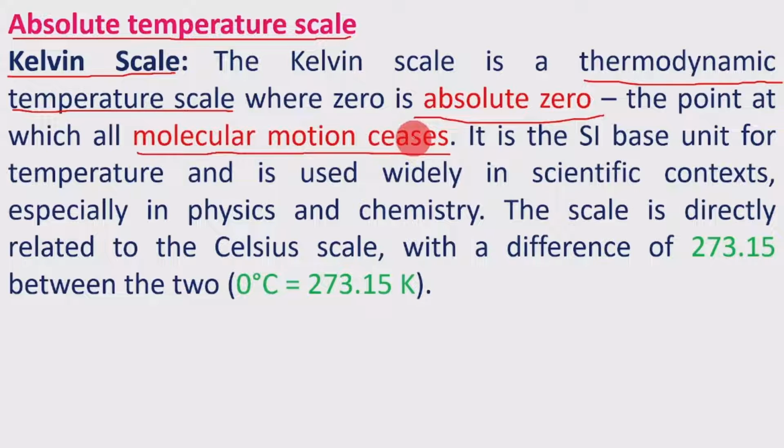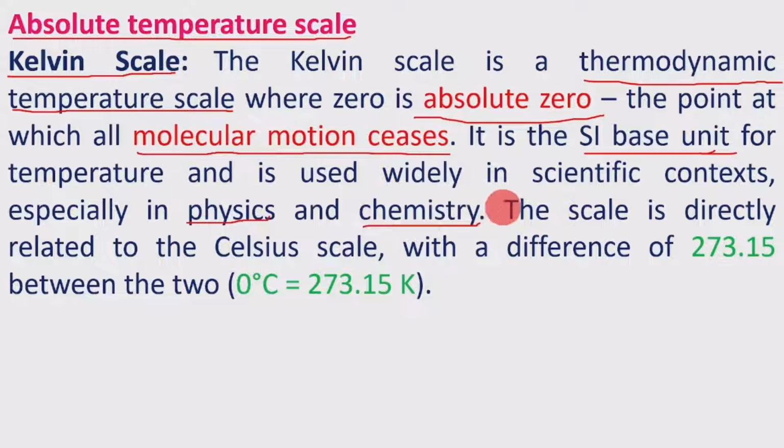At that point, what temperature is there? That is the absolute temperature, and it is the SI base unit. The Kelvin scale is the SI base unit for temperature and is used widely in scientific contexts, especially in physics and chemistry.